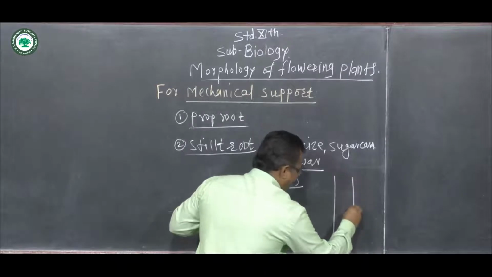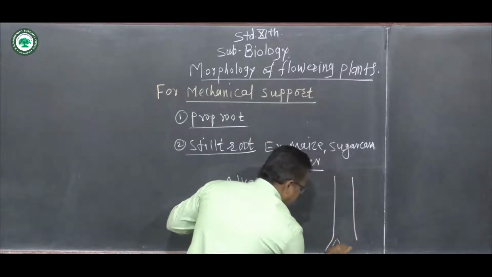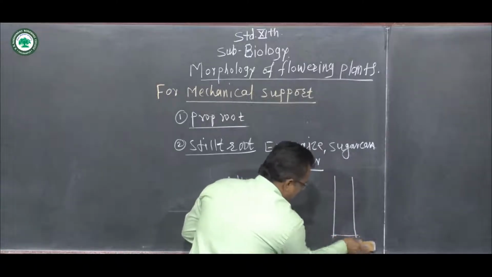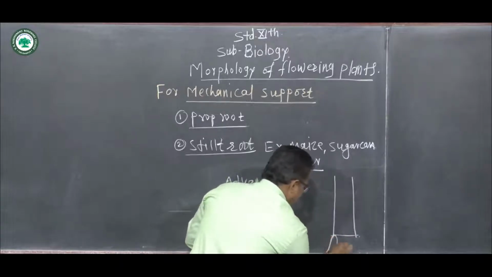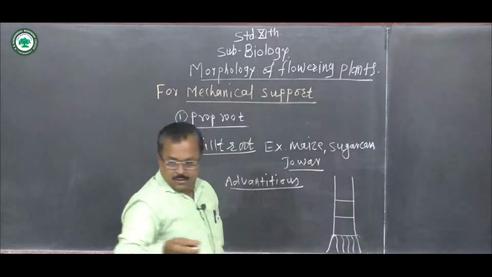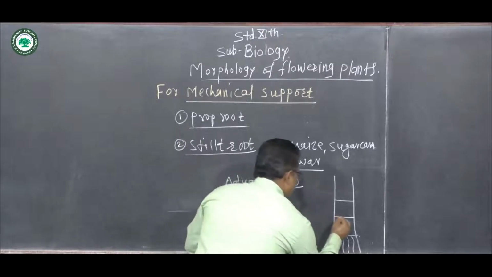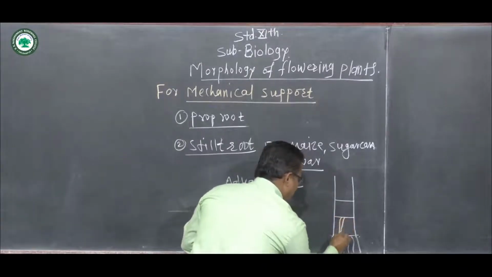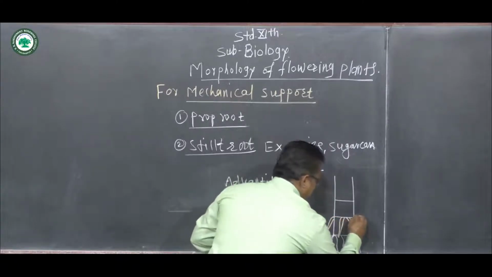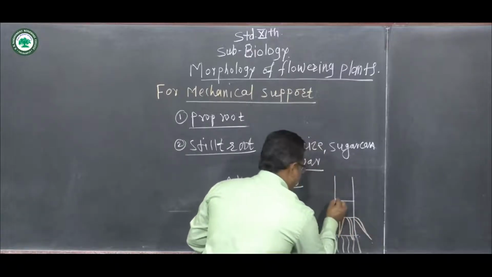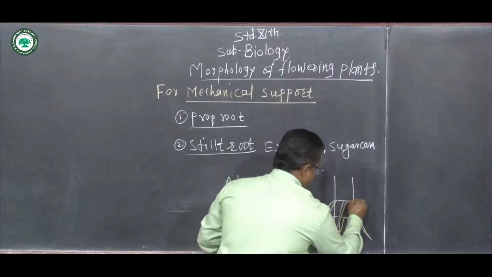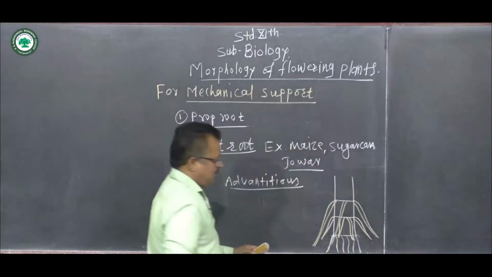In these plants, with the adventitious root system, the stilt roots grow from some basal nodes of the stem, grow into the soil, penetrate the soil, and provide additional support to the plants.